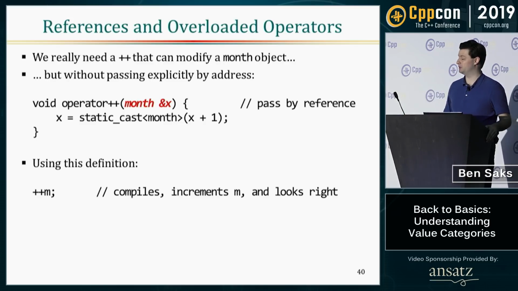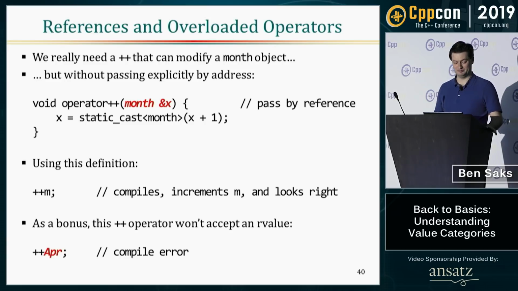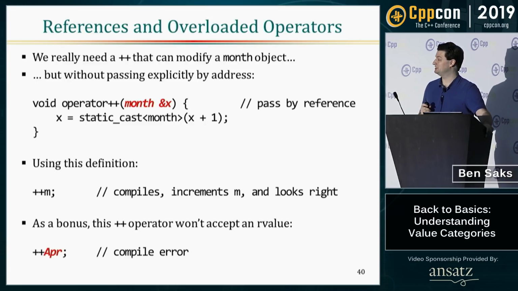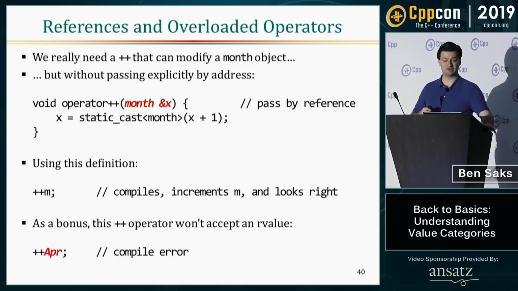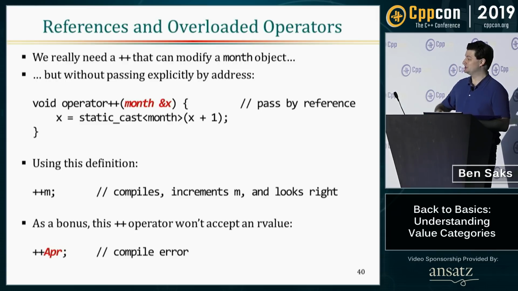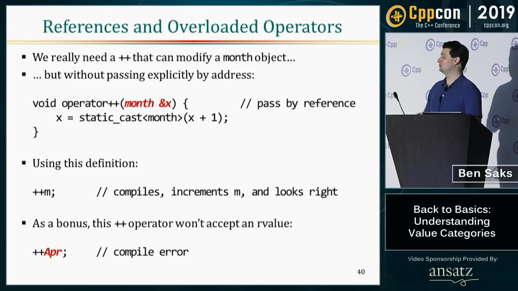It works the way that we want, and as a bonus, in this case it will only work on lvalues. References won't bind to rvalues because rvalues don't have a well-defined location in memory. There's not necessarily a place where April lives that we can update its value this way.